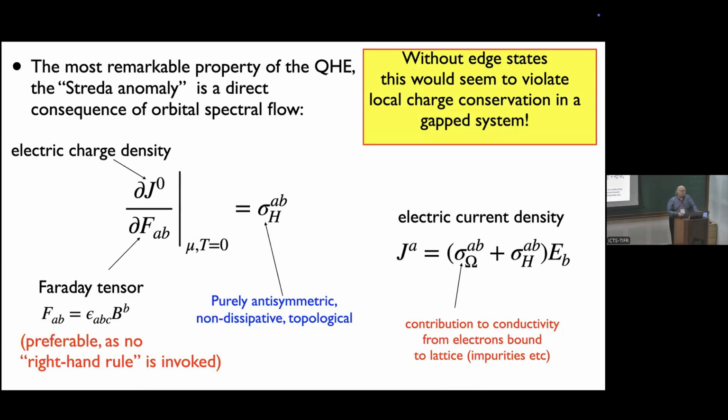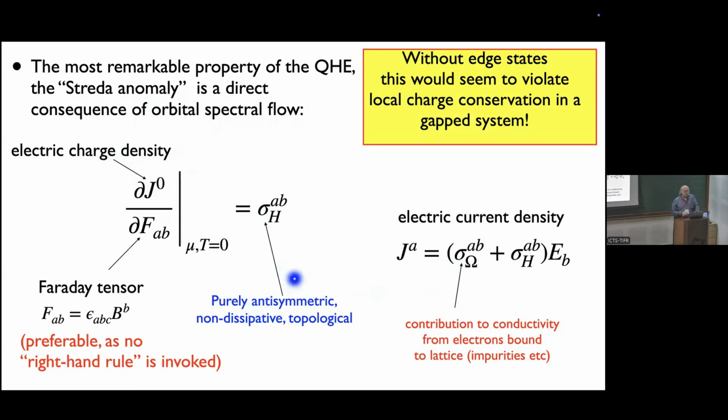And the most remarkable property of the Hall effect is the Středa anomaly, which is the Středa relation. It tells you that it is not so much the relation between electric field and electric current which is quantized. It's the relation between electric charge density and magnetic flux density which is quantized.